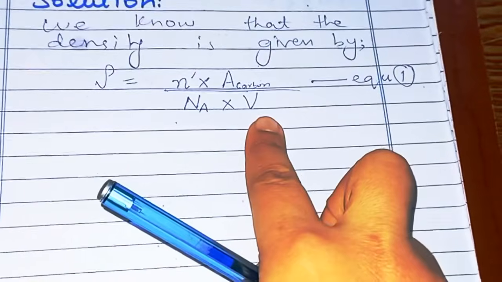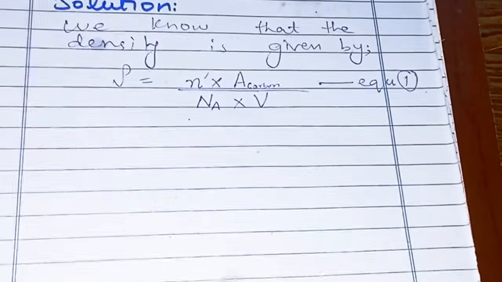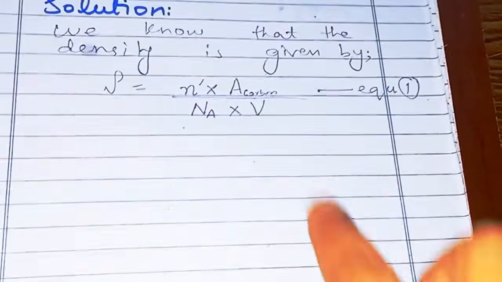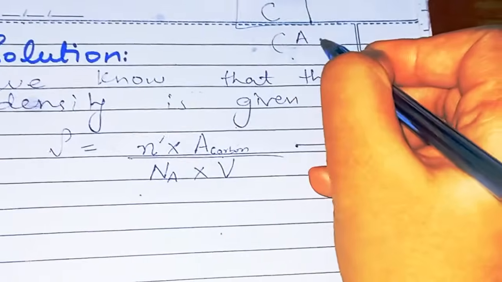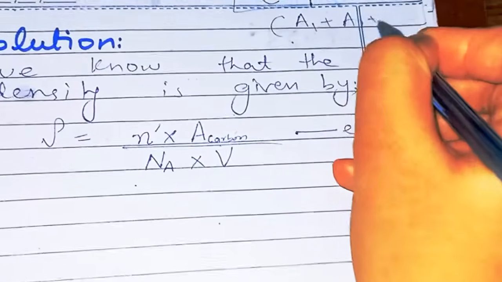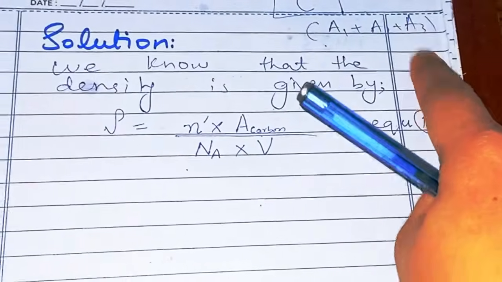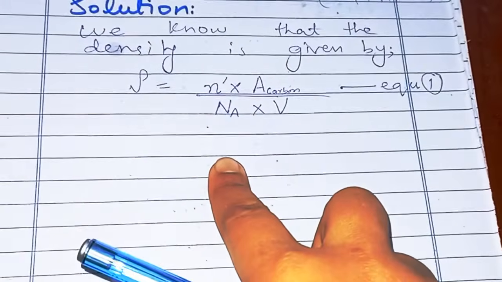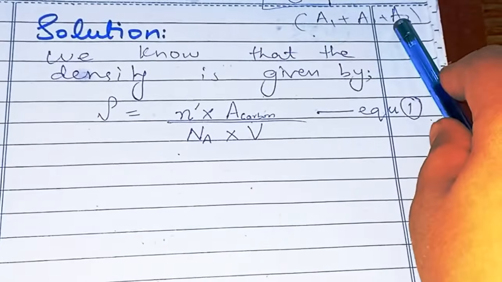This formula is general. Whatever kind of structure is given to you, if it is made up of similar kind of atoms, you can use this formula. If there are different atoms, you can simply add up the atomic masses, A1 plus A2 plus A3. The rest is the same. Even in the case of ionic crystals, you'll use a similar formula and add up all of the atomic masses.